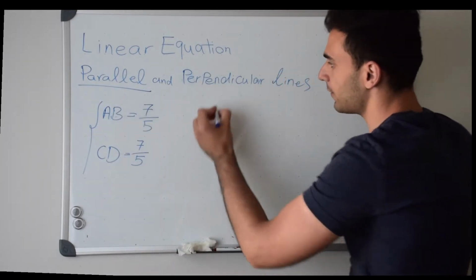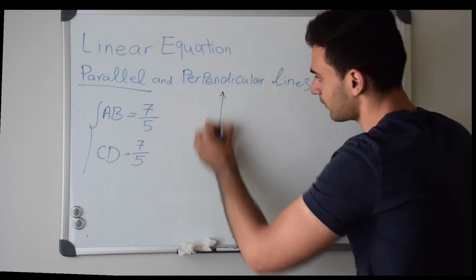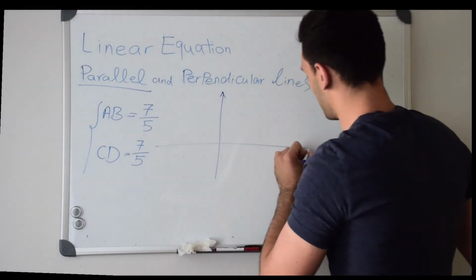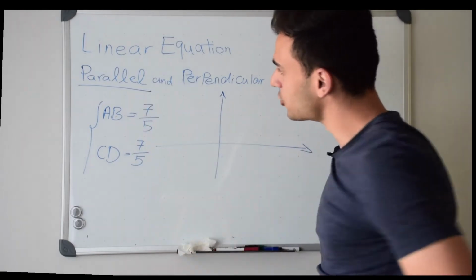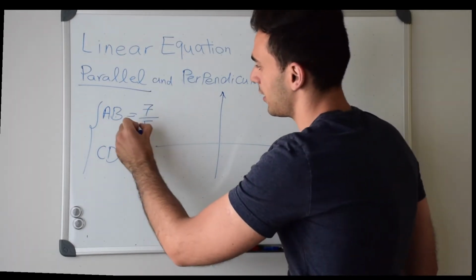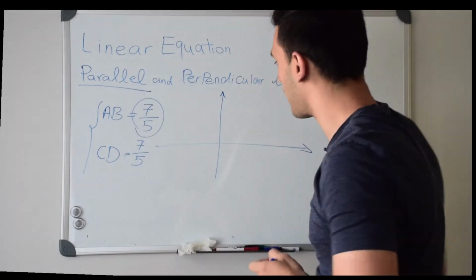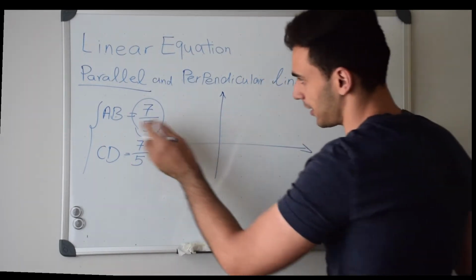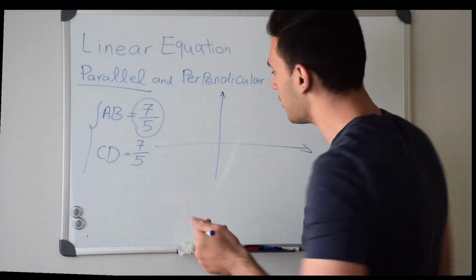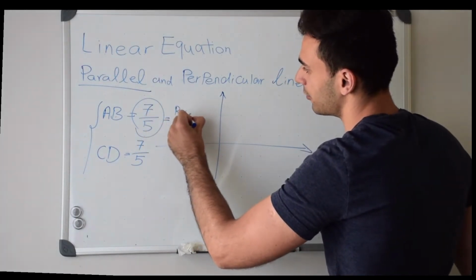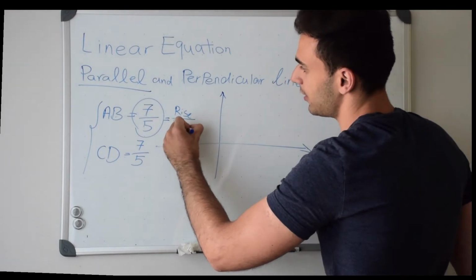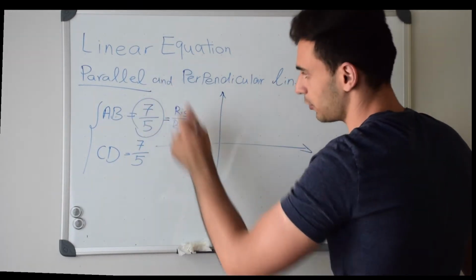To show it on an x and y axis here, let's draw the line AB that has a slope of 7/5. What does that mean? If you remember from our last video, it means rise over run is 7/5.